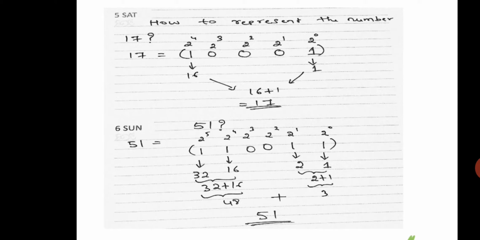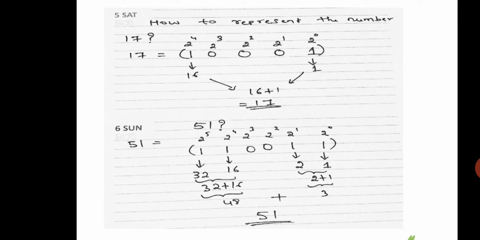So that is the reason why I put 0 below the 2 to the power 2 position. Now I put 1 below 2 to the power 1. Why? I need 2 because 48 plus 2 is 50. Till now I got 50. Now I want one more. So that is the reason why I put 1 below the 2 to the power 0.